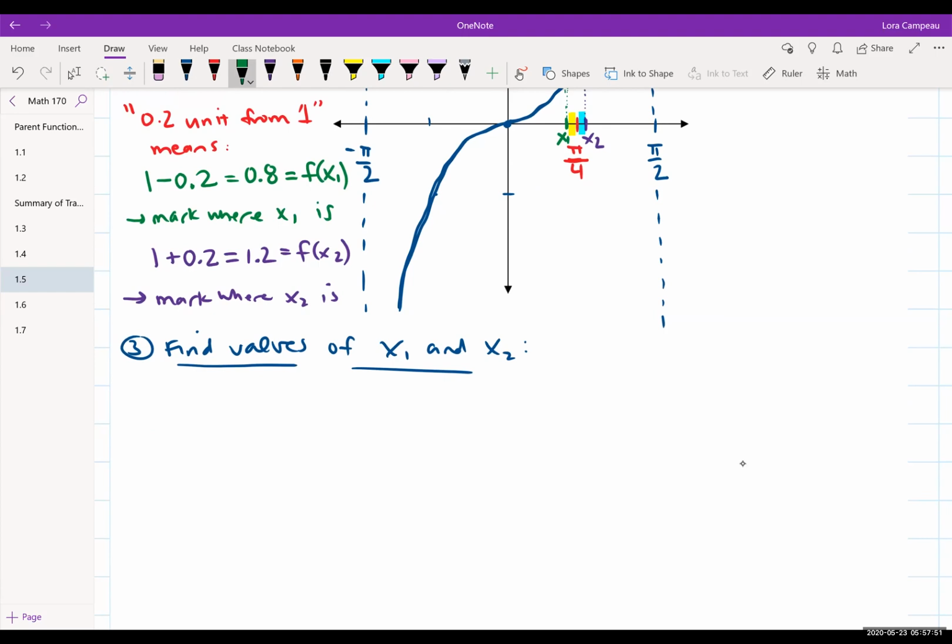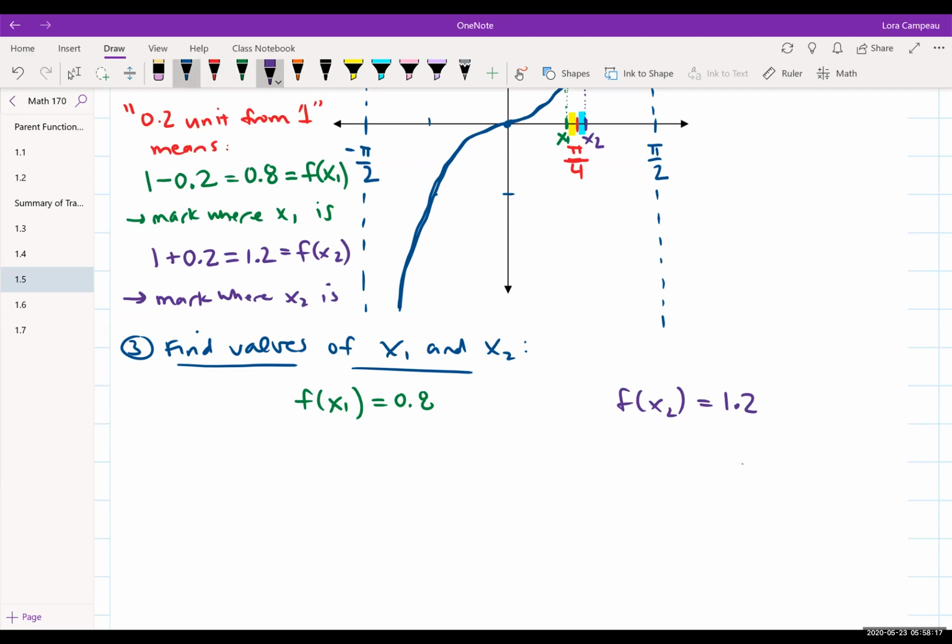I do know that f of x1 is 0.8, based on the distance they told us to be away from that y value. And I can do this simultaneously: f of x2 is equal to 1.2, according to what we were able to figure out.